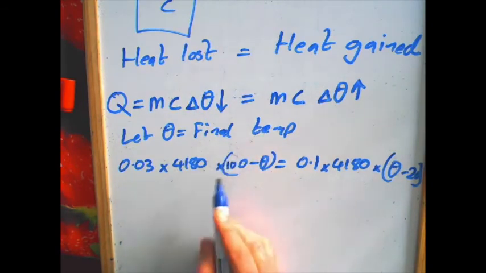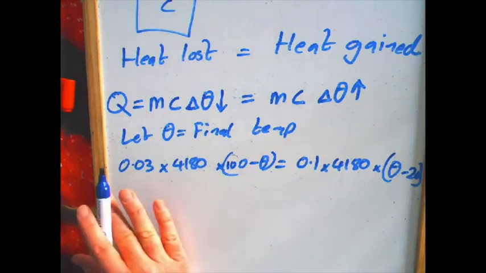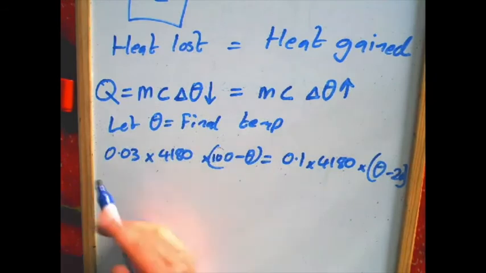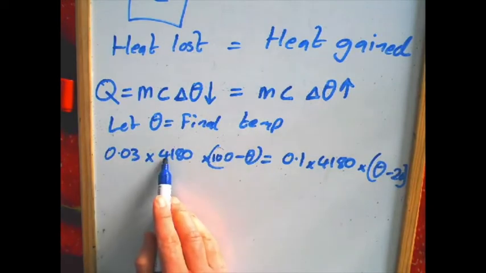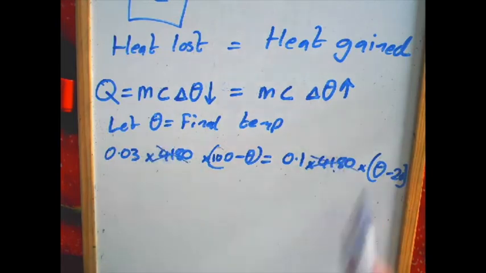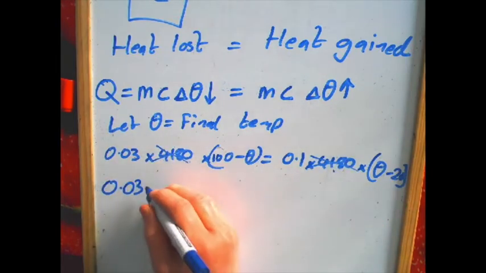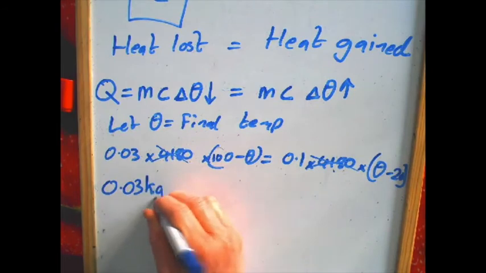So that's theta, the final temperature which we don't know, minus, and that water started off at 20. Oops. You've probably been screaming at the screen that this should have been 100, shouldn't it? The starting temperature of the hot water was 100 degrees, not 20. My bad, sorry guys. Okay, I know that looks very messy and complicated.